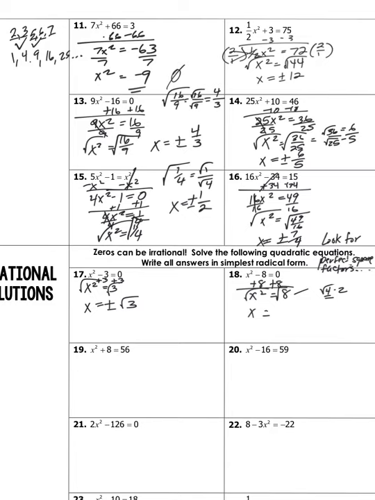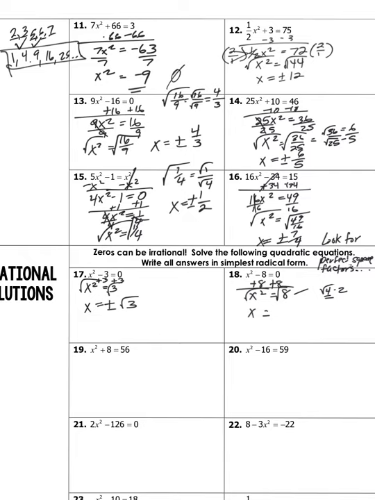Perfect square factors are like these numbers here that I listed. When we're simplifying an irrational or a potential irrational answer, we want to simplify it as much as possible by identifying any perfect square factors and factoring them out of the radical.